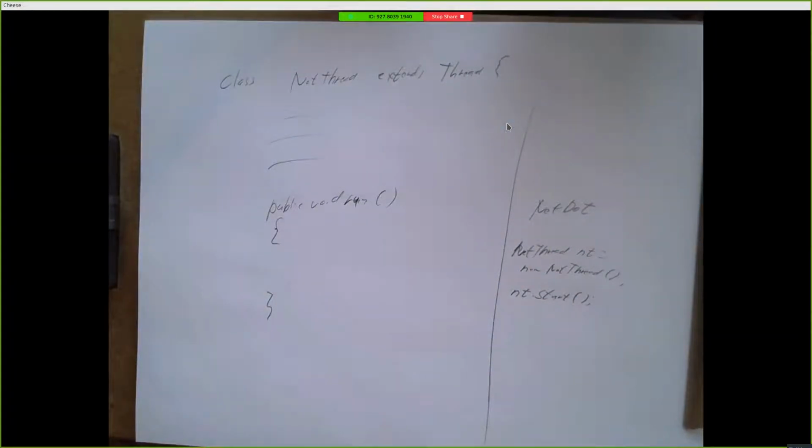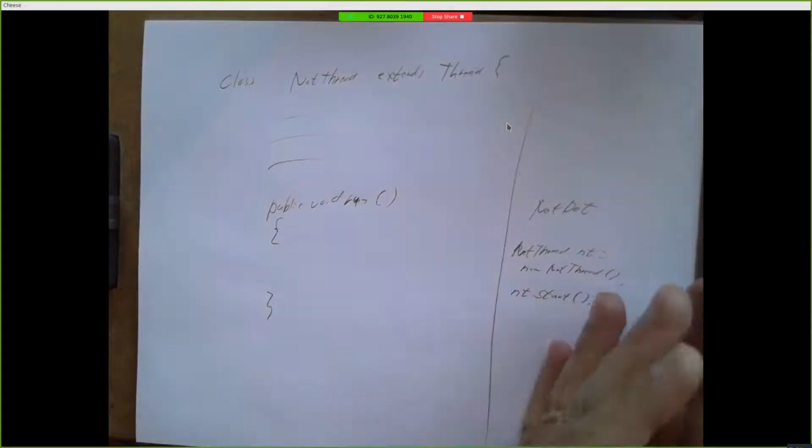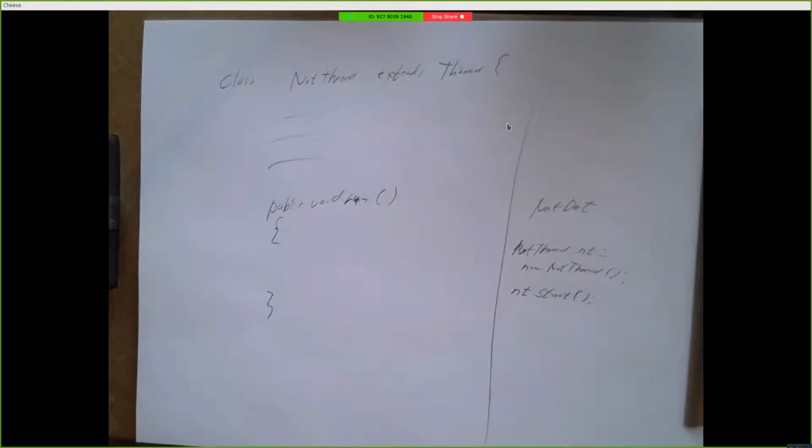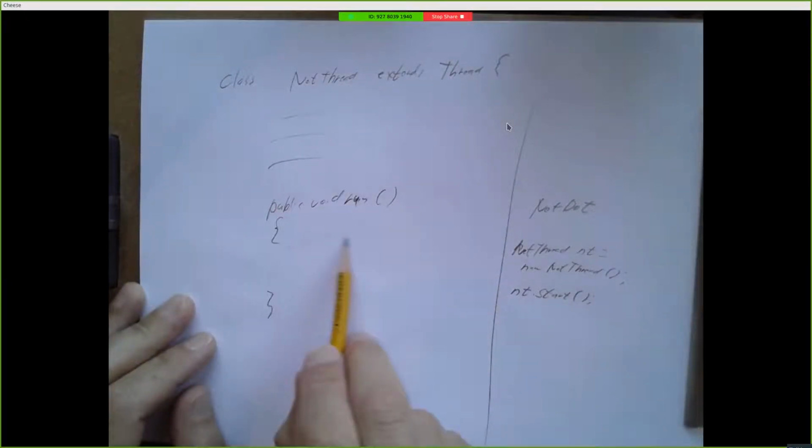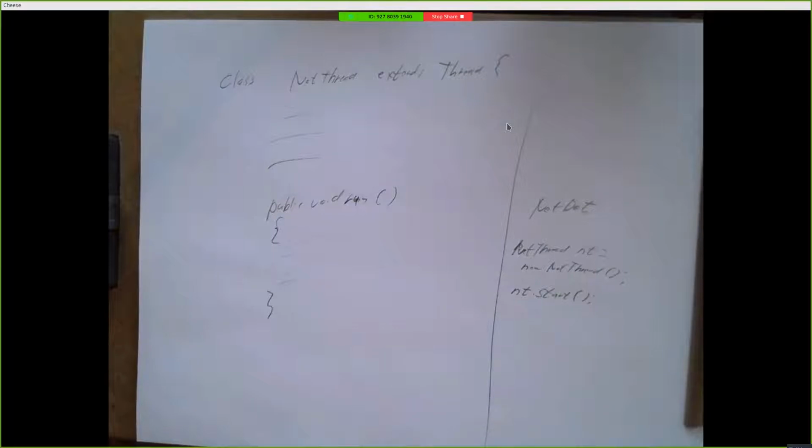Alright, and that's all you have to do with the threading. You don't have to worry about it anymore from here. Okay, this thing is off and it's running, and whatever is in here is now executing in parallel with your dots game. Okay, that's really all there is to it.